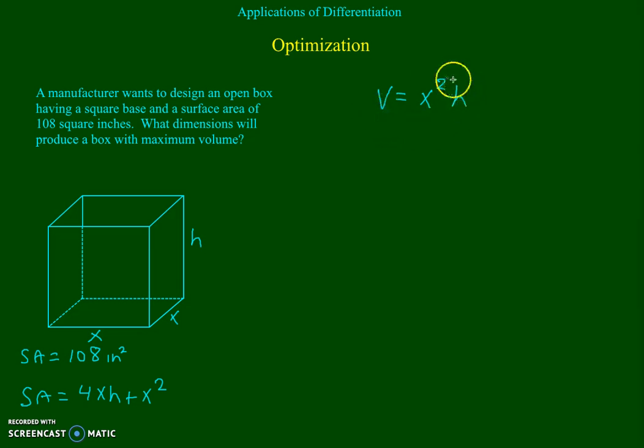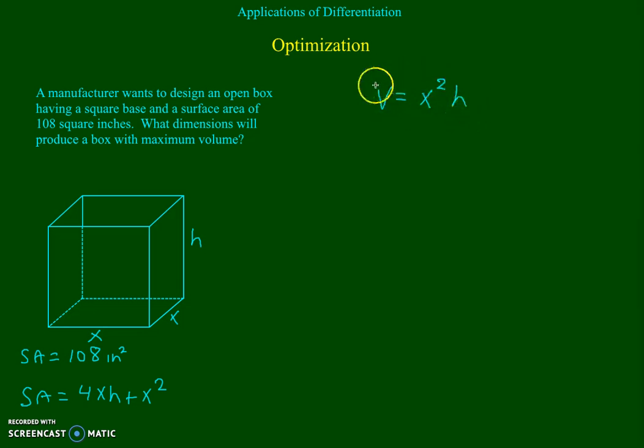Now, we can see here that we have a volume function in terms of two variables, x and h. And I could implicitly differentiate this if I wanted to, but that makes things really ugly and nasty, and we're not interested in how one of these variables is changing with the other. What we're interested in is finding the change in volume that's maximum.